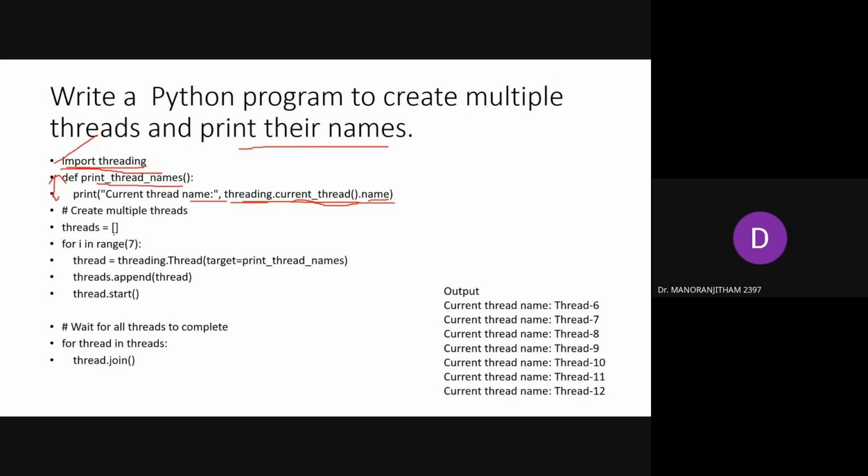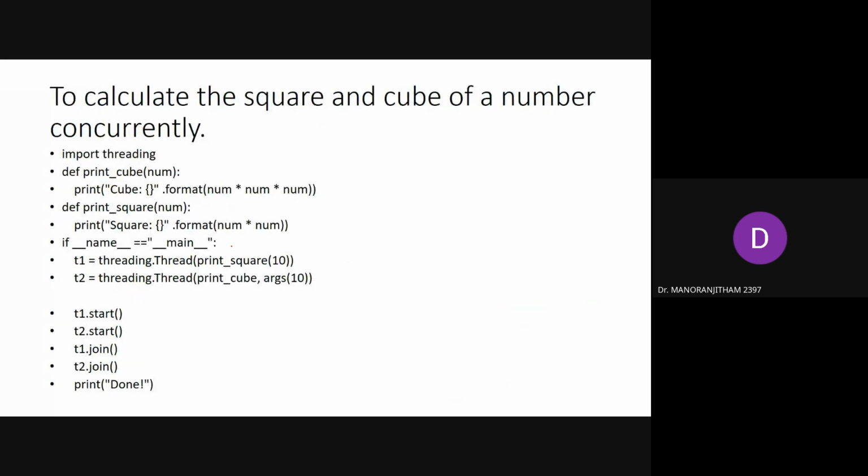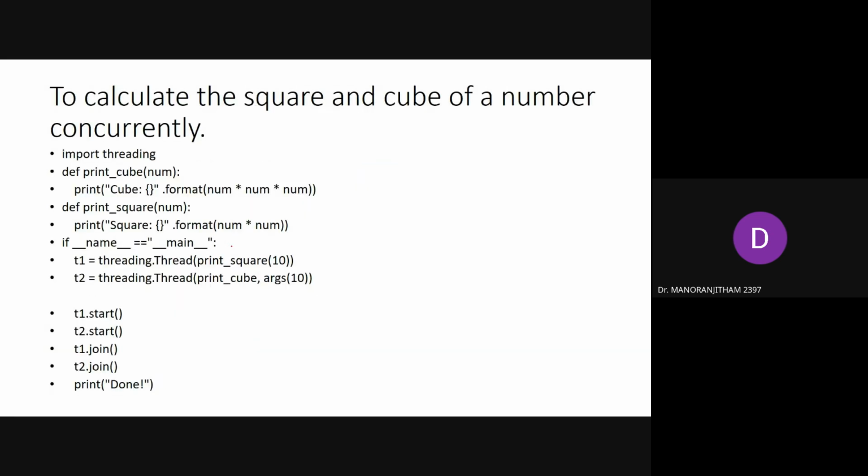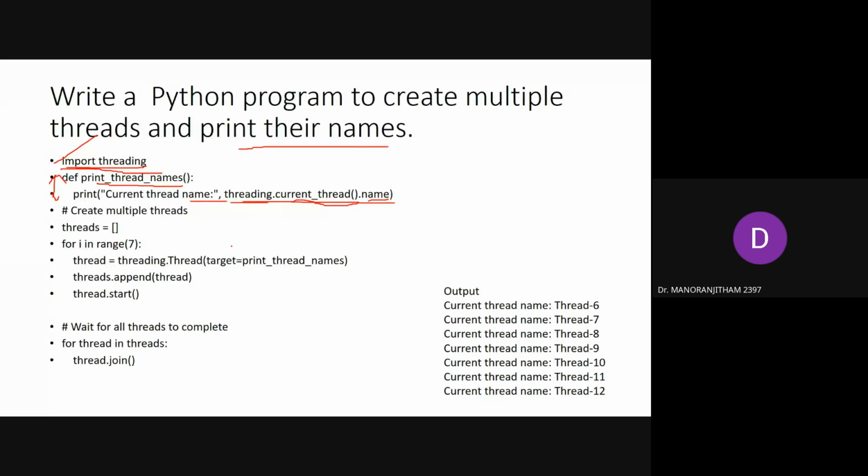We can also get the name of the thread using get name, that is also possible. So this is the function, and if I call this user defined function, it will just print the current name.